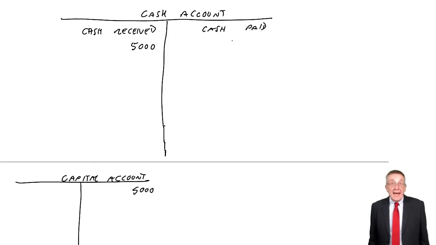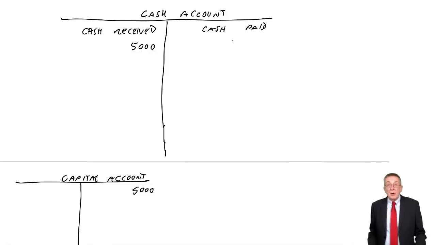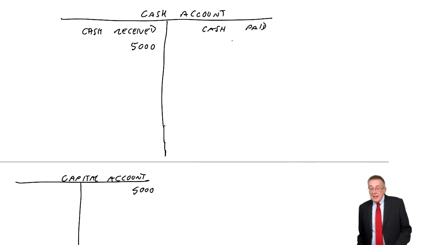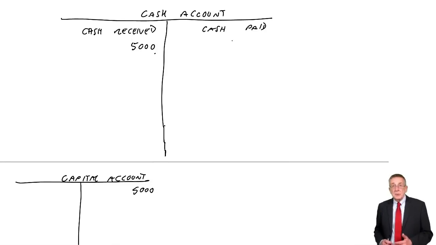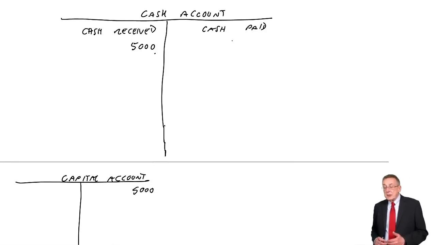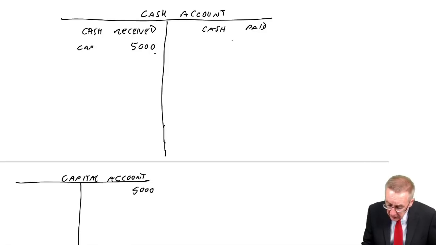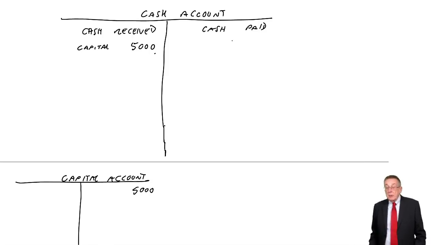Now, we would write something against them. In real life, you write whatever you want, so you know what it was. In exams, we always write the name of the opposite account. So we put 5,000 on the cash account to show we've got cash, but we write against it capital, because the other entry was on the capital account.